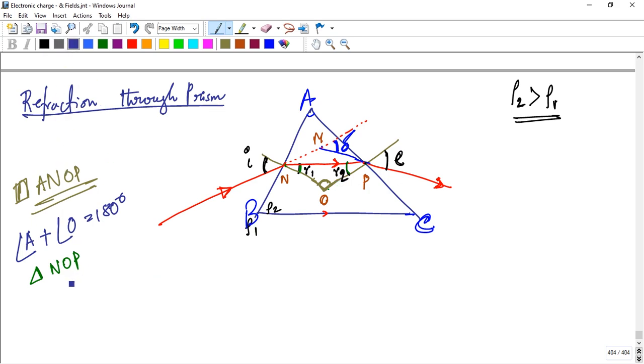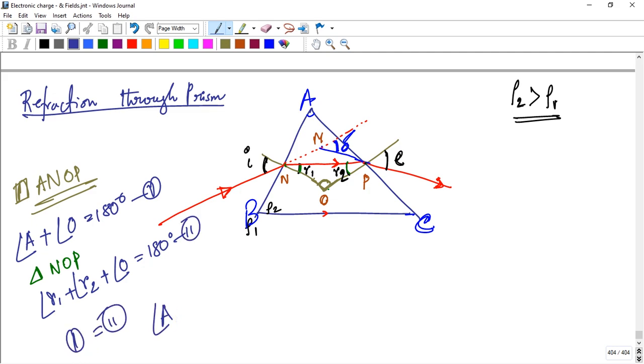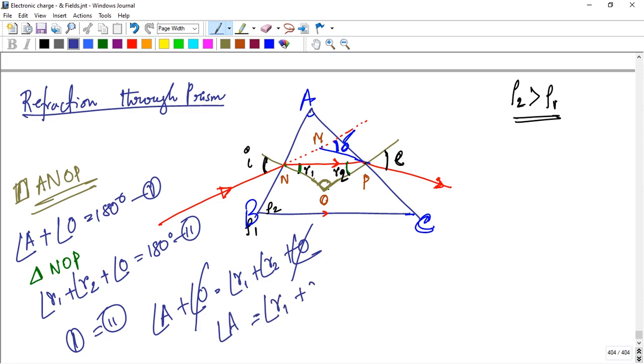Suppose we add these three: R1 plus R2 plus O equals 180 degrees. That is equation 1 and that is equation 2. Equating 1 and 2, A plus O equals R1 plus R2 plus O, and O cancels, and we get A equals R1 plus R2.